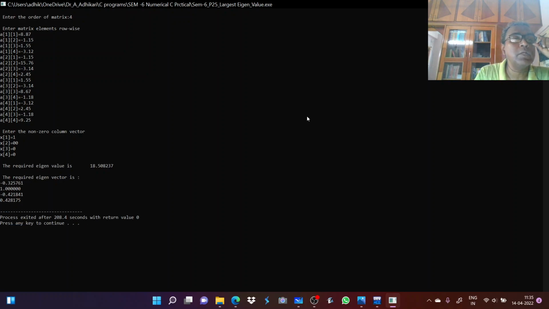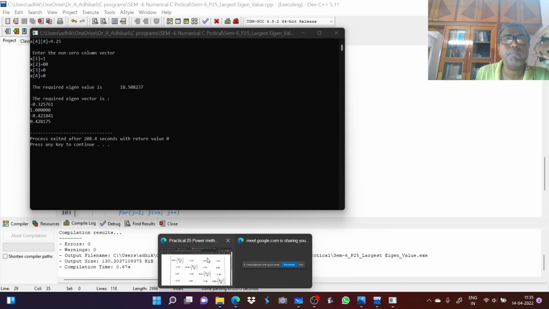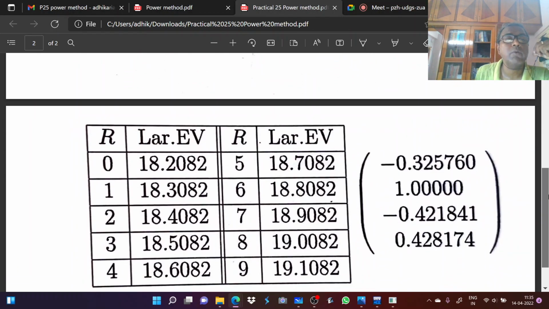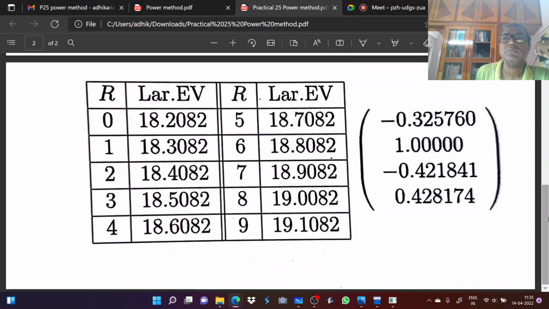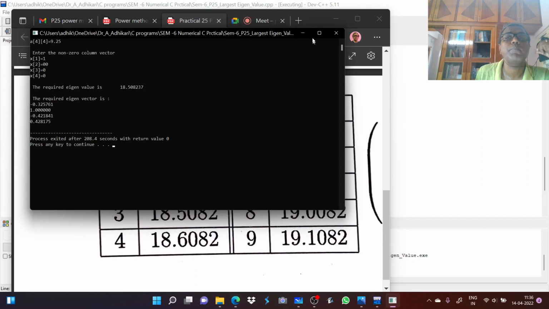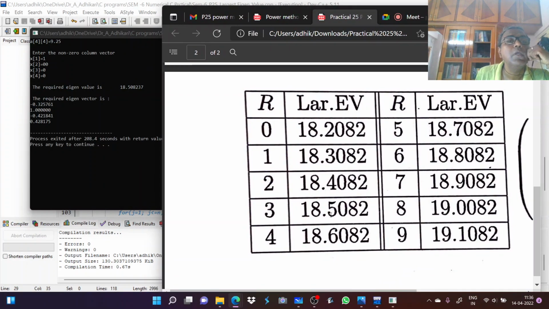The required eigenvalue is 18.508, and the eigenvector is this. So we check this answer. R equal to 3. The eigenvalue 18.5082 is the correct answer.